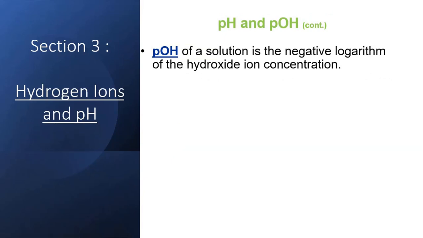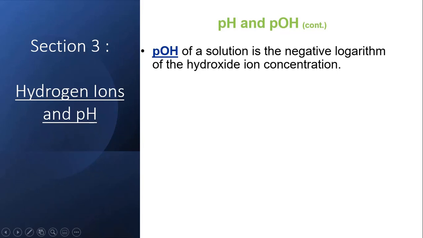What's the meaning of pH? From the name, pH looks for the concentration of hydrogen. So what is pOH? You are right. pOH looks at the concentration of hydroxide ion, or OH negative.